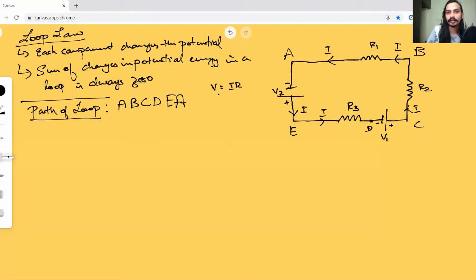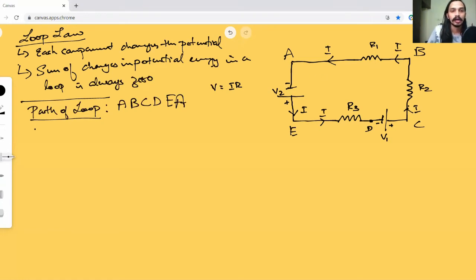If you are talking about the voltage of a battery, you can directly use the battery voltage. Looking at my batteries, they're given as V1 and V2, so I can directly use V1 and V2. But when it comes to resistance, I'll have to use the formula IR. For the third resistance, I'll say I into R3, and for the first one, it will be I into R1. So for each one, we calculate it separately. Keep that in mind.